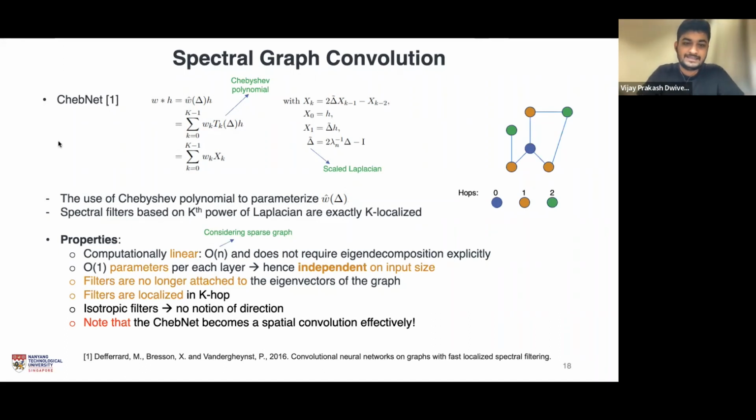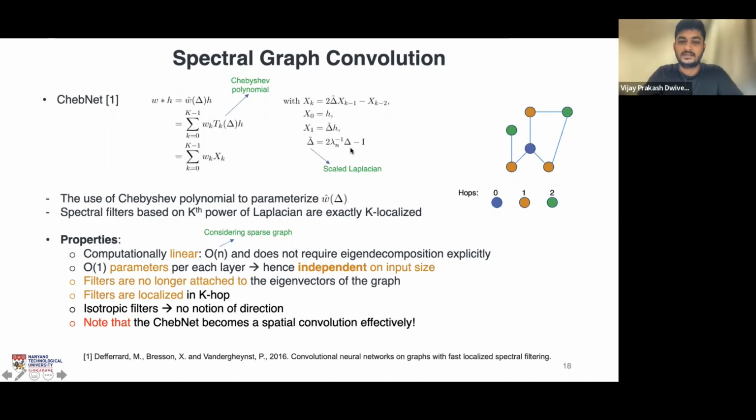So when this is considered, it basically is doing a k power of the Laplacian. So this x_k is defined with the scaled Laplacian times x of k minus 1 and k minus 2, which respectively are, at the input, the feature vector, and the first, x1, will be the Laplacian applied to that, and this Laplacian is basically a scaled Laplacian.